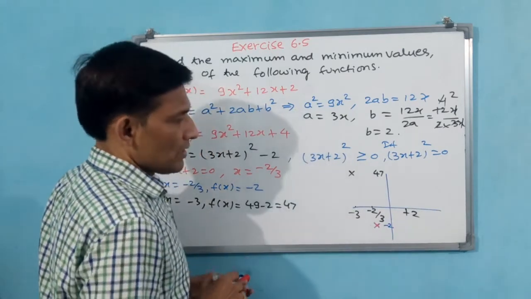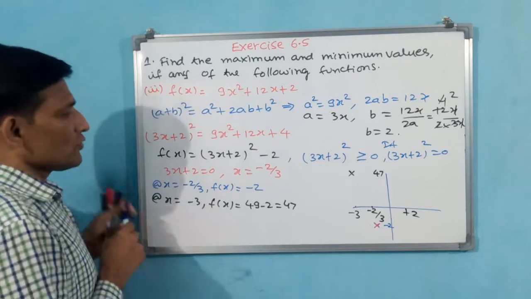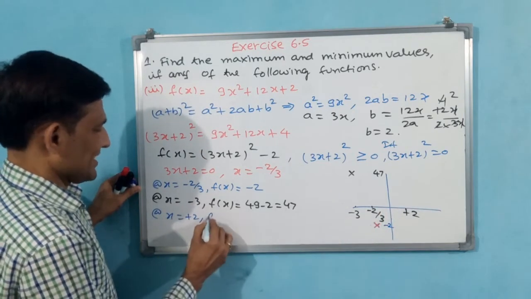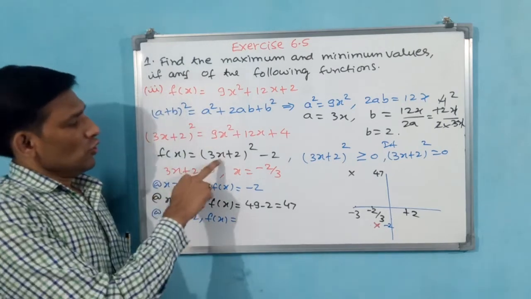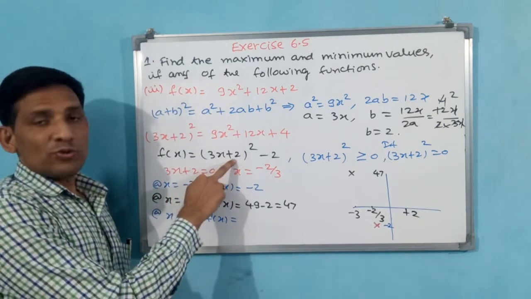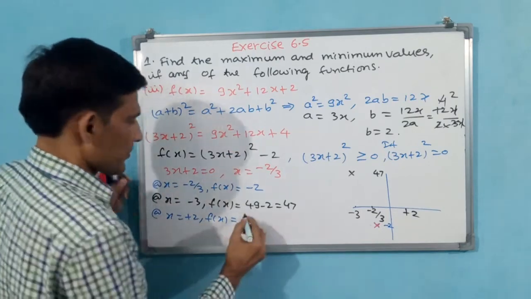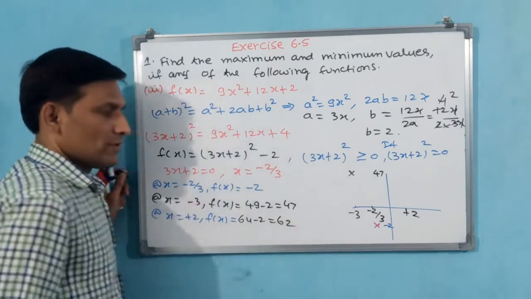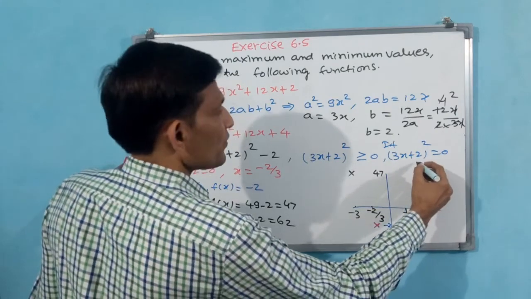Okay, now go for x is equal to plus 2. 2 into 3 is 6, 6 plus 2 is 8, 8 square is 64, 64 minus 2 is 62. That means at x is equal to plus 2, it is 62.